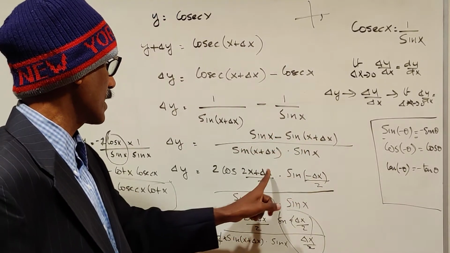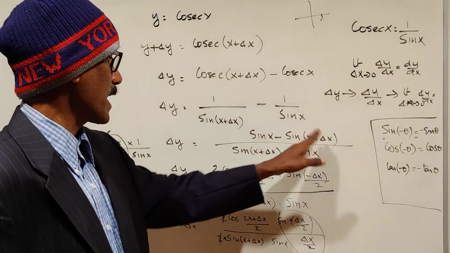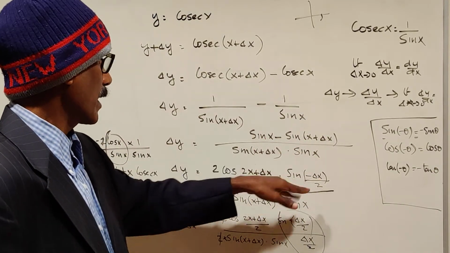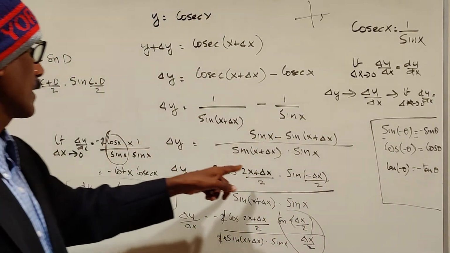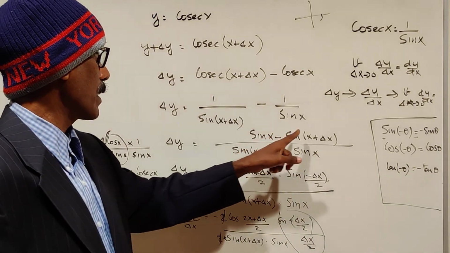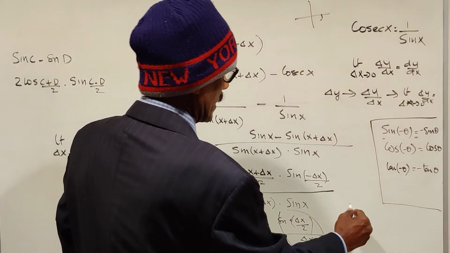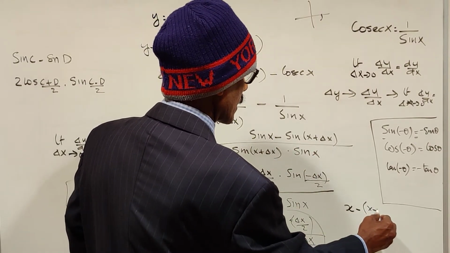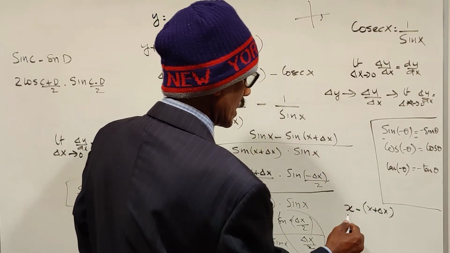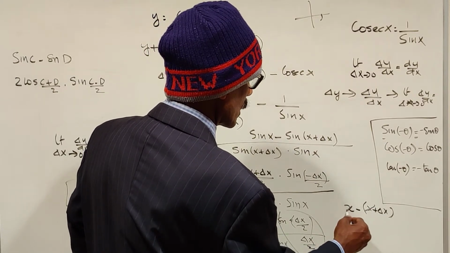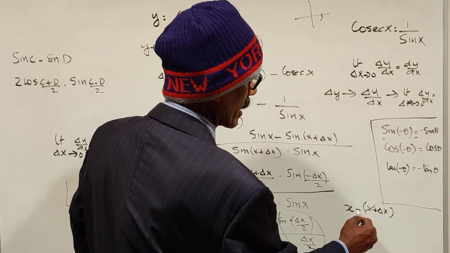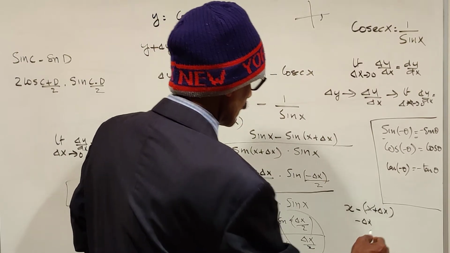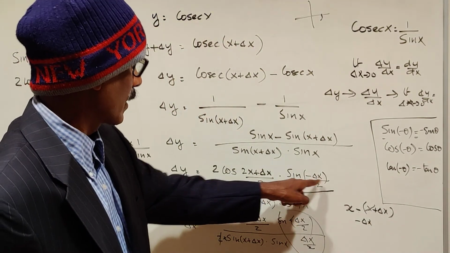Add the angles first, then subtract the angles, then divide by 2. C minus d by 2 means x minus, after minus you need to put a bracket, x plus delta x. So x minus x cancels out, then you need to distribute the minus inside, minus delta x. So that is why minus delta x divided by 2.